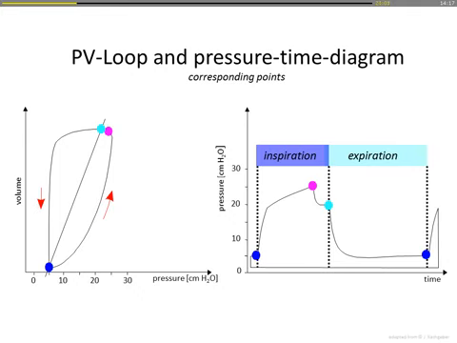Just to make you aware, hysteresis is a physical phenomenon, and it describes simply that a material reacts differently if you put the force on the material than when you remove the force from it.